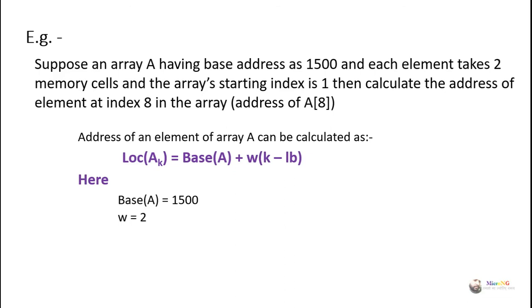Lower bound is 1 and K is 8. So the location of A[8] can be calculated as base of A, which is 1500, plus W which is 2, into K minus LB, which is 8 minus 1, which will result as 1514.